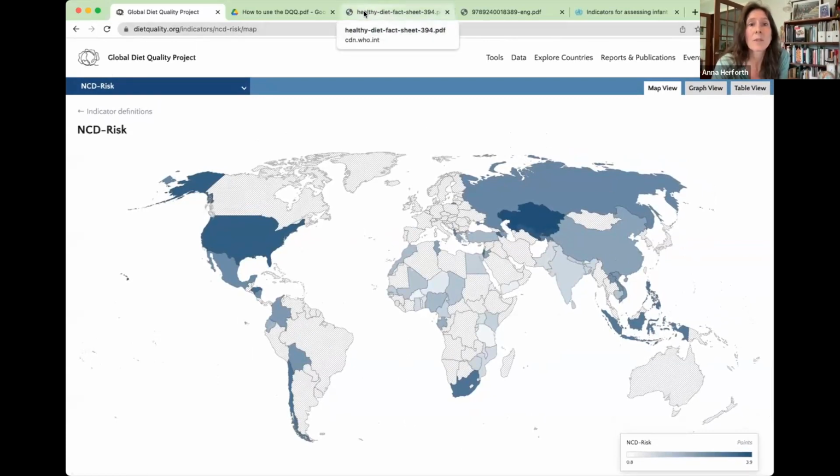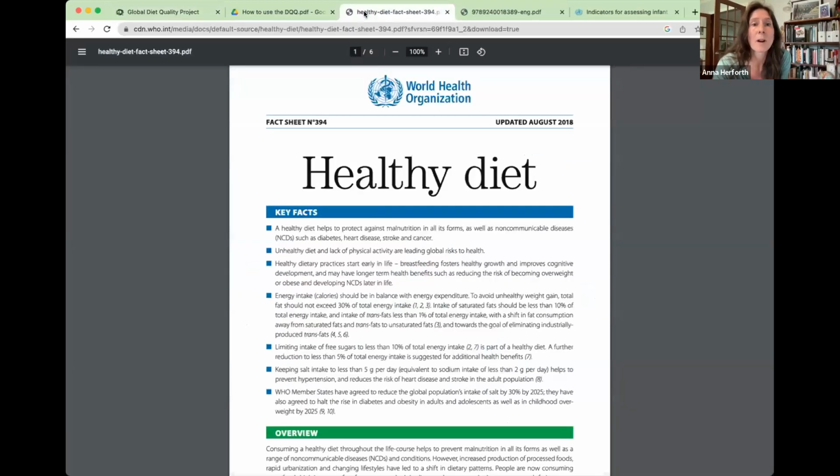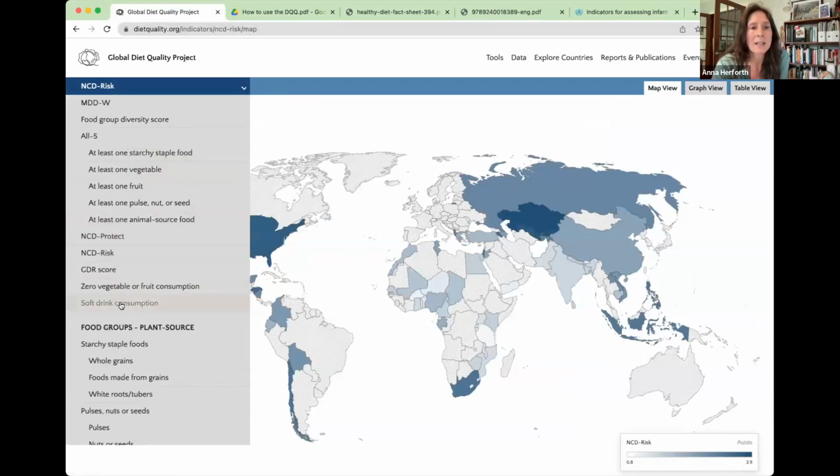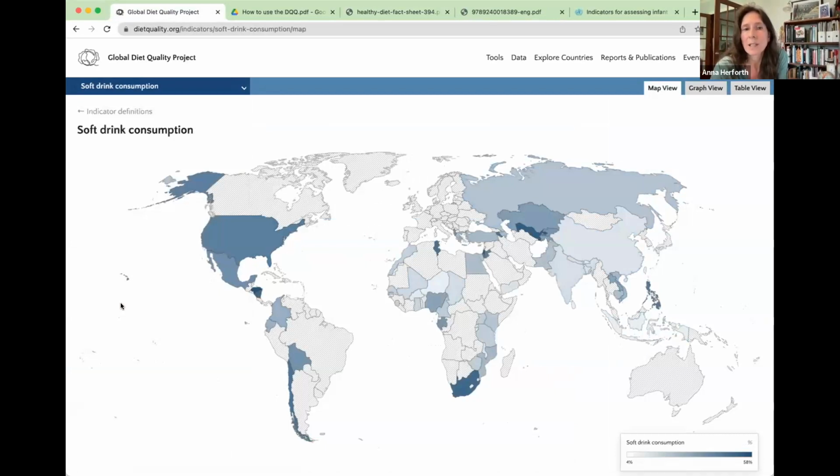The factors that I'm talking about come from the WHO healthy diet recommendations, which include limiting intake of free sugars, keeping salt intake low, etc. And so we capture these recommendations within the indicator of NCD risk. One of the pieces in that indicator is soft drink consumption, which we can see here, again, showing up very high in South Africa, Central Asia, and in the Americas in general.